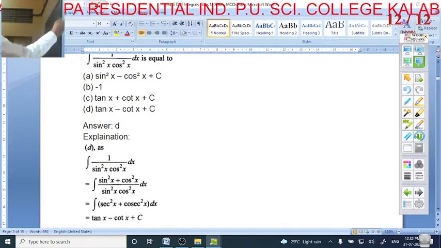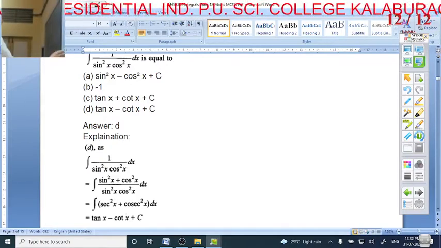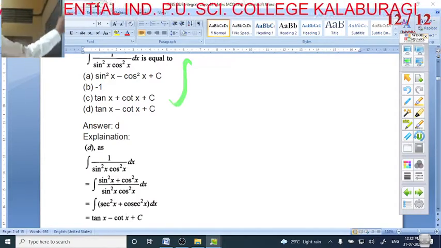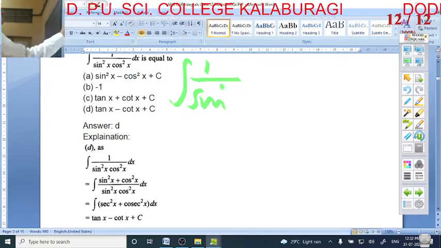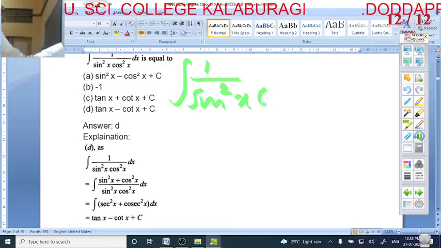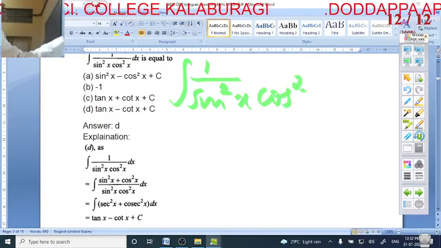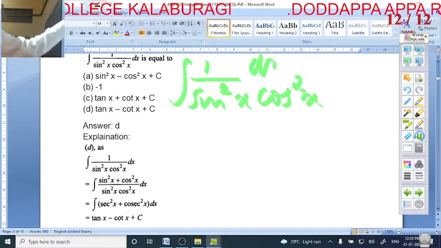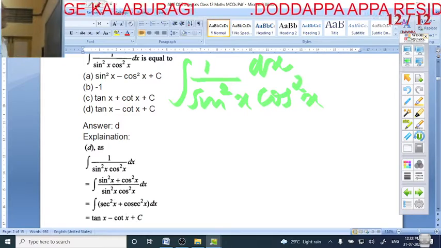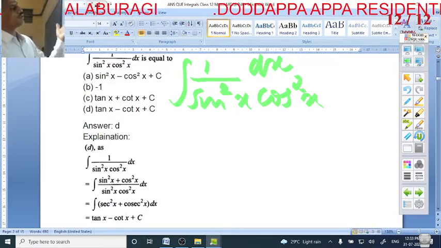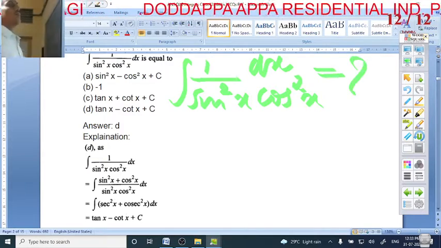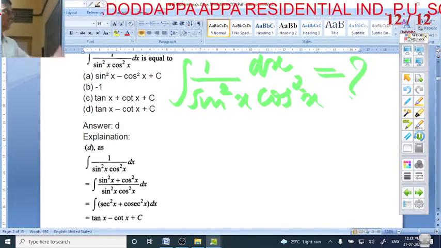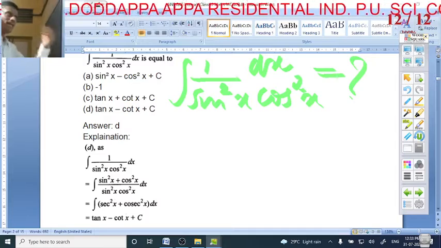The given quantity here is 1 divided by sin square x times cos square x dx. Sir, is it possible to write 1 by sin square x cos square x as sec square x and so on? Yes, you can write, but what happens? It is not possible to integrate again functions which are in quotient.